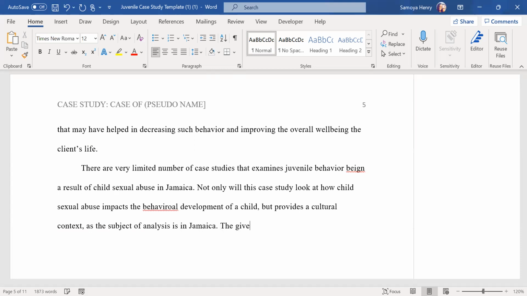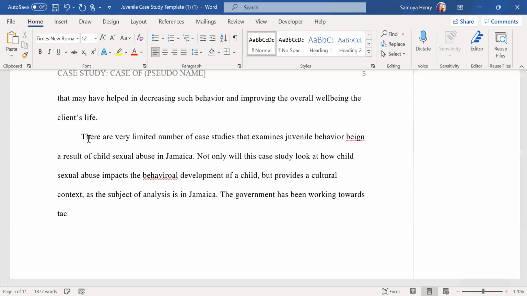The government has been working towards tackling these two issues, both child abuse and criminal activities.